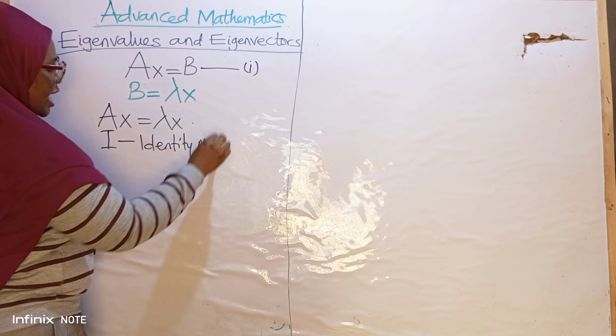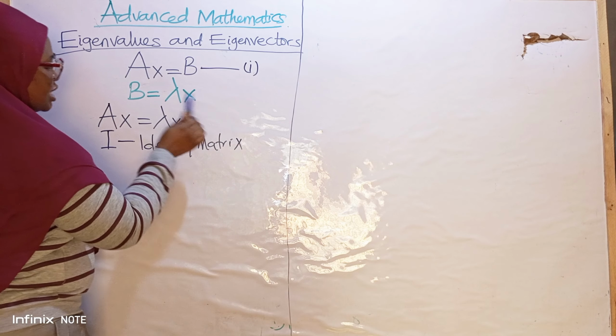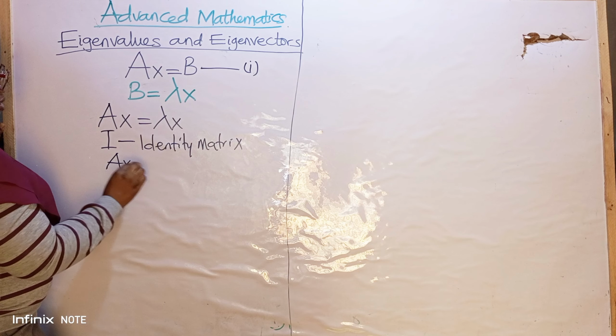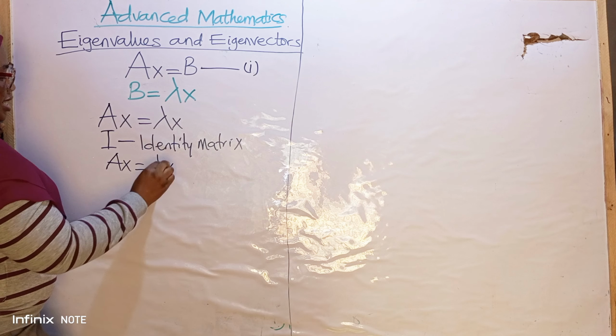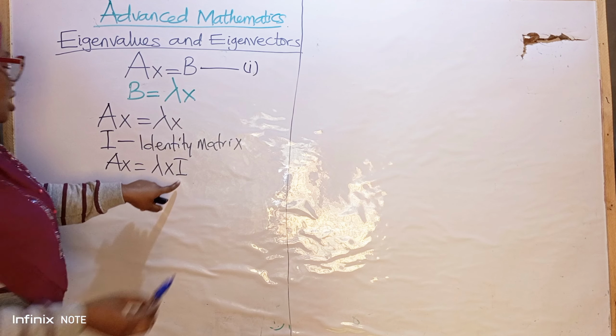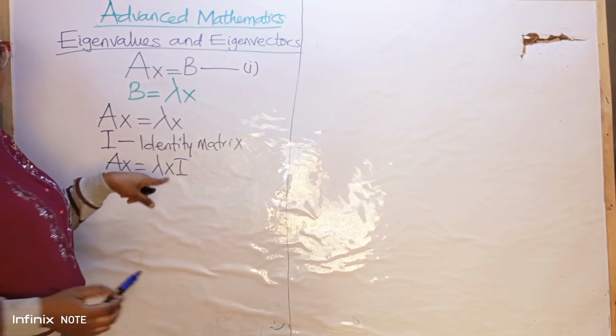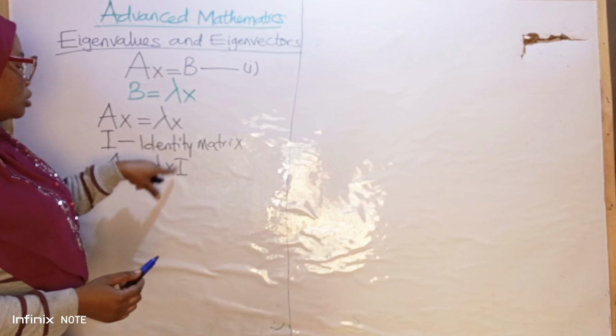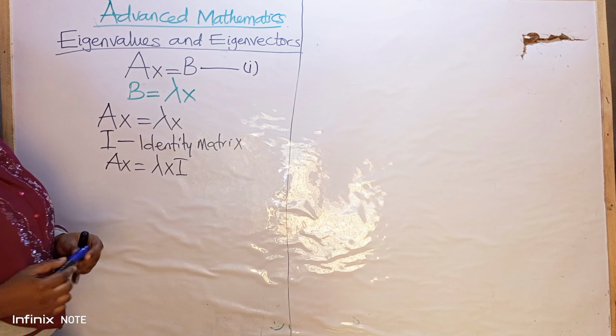If you multiply the identity matrix by the right hand side here, we have AX is equal to lambda XI. Identity matrix, if you multiply it by any matrix, you are still going to get that matrix back.